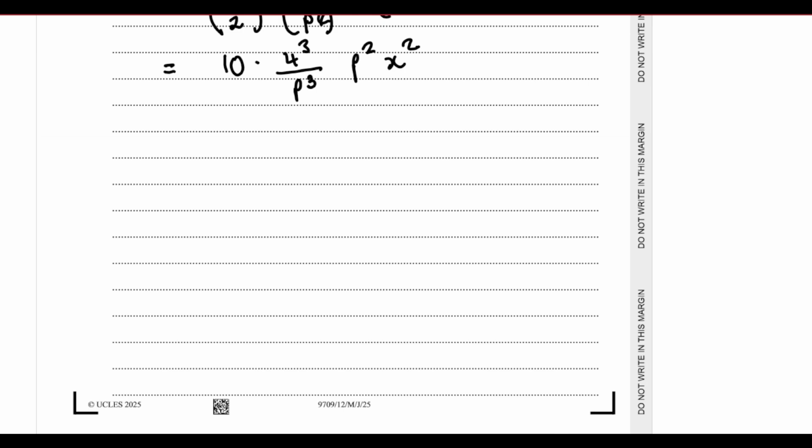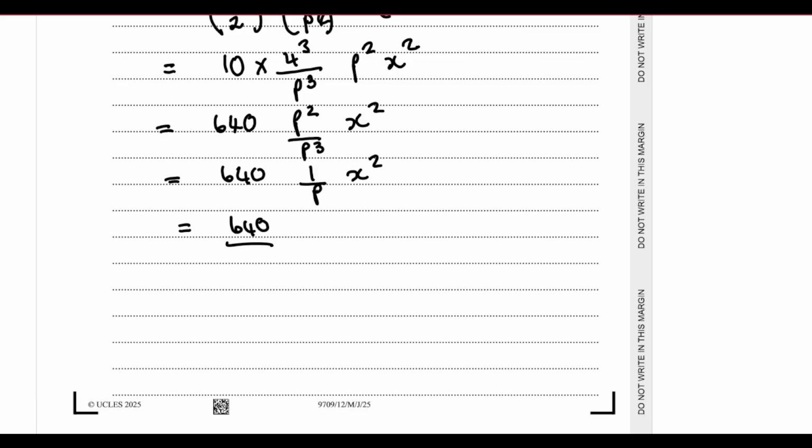Okay, what's 10 times 4 to the power of 3? That is 640. We can write p squared over p cubed x squared. That will become 1 over p. So we have 640 over p is equals to x squared.